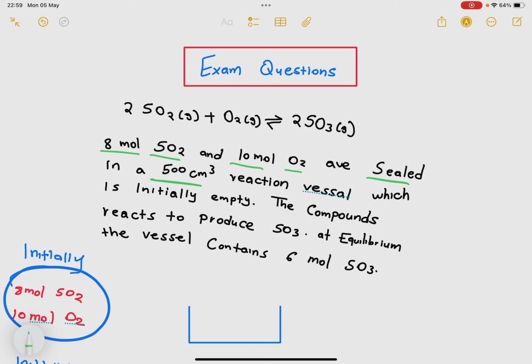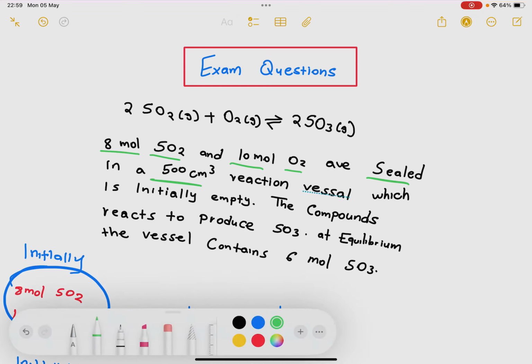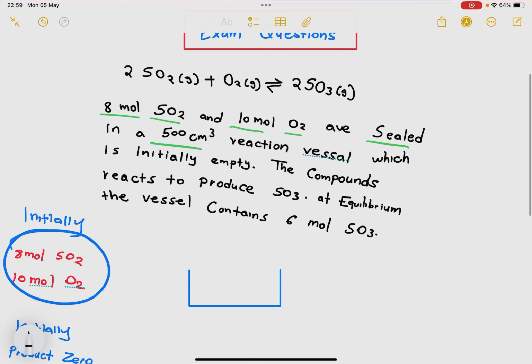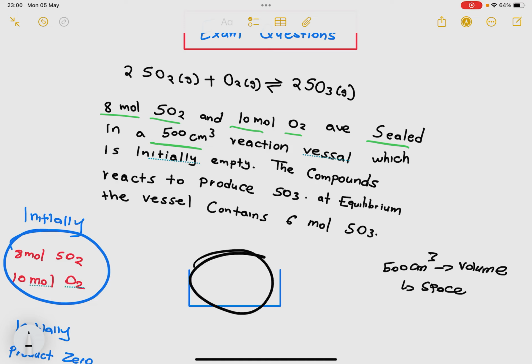So 500 centimeter cubed means volume. What is volume? Your volume means space. So the space inside the reaction vessel is actually 500 centimeter cubed.